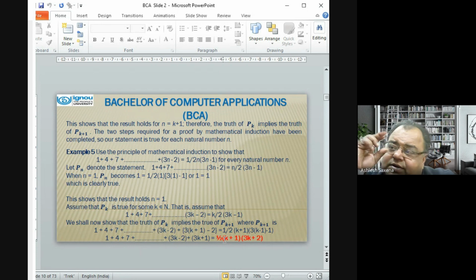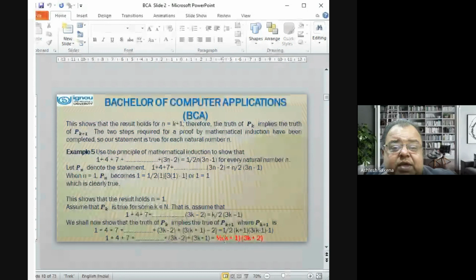I'm just summarizing it. Find P1, Pk, Pk plus 1. The third step, that is Pk plus 1, includes the value of Pk. Pick it, and you will get the right side of Pk.